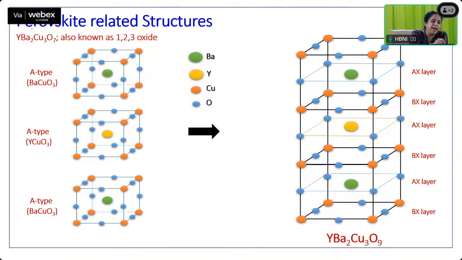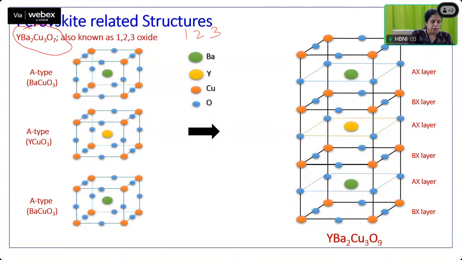It is YBa2Cu3O7 because the stoichiometry is Y1Ba2Cu3. It is also called 1,2,3 oxide. So whenever you hear of 1,2,3 oxide, it is these kinds of oxide. So this was one of the very first high temperature superconductors discovered, and its unit cell is formed by stacking three A-type unit cells of the perovskite.